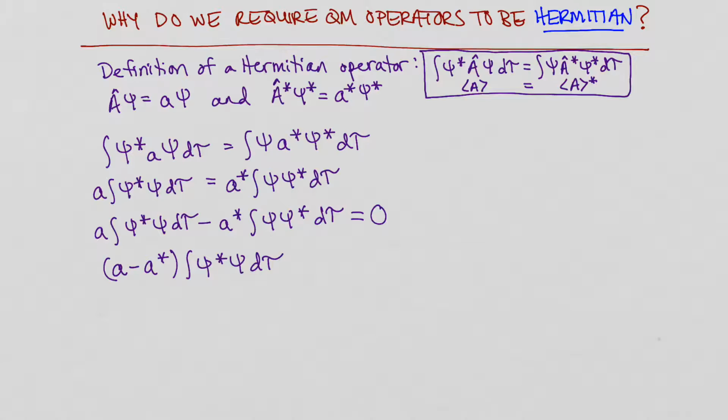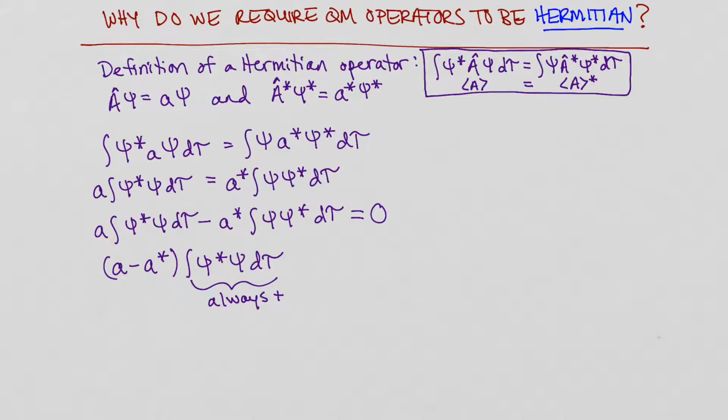We know that the probability distribution is always going to be positive no matter what, since we basically are taking the square of our wave function. We know that the square of a quantity has to be positive, or it could be 0, but it's only 0 if your function is equal to 0 everywhere.